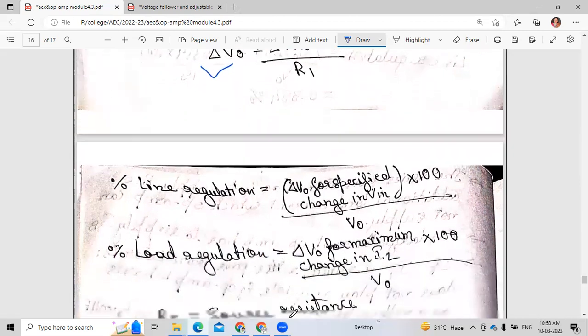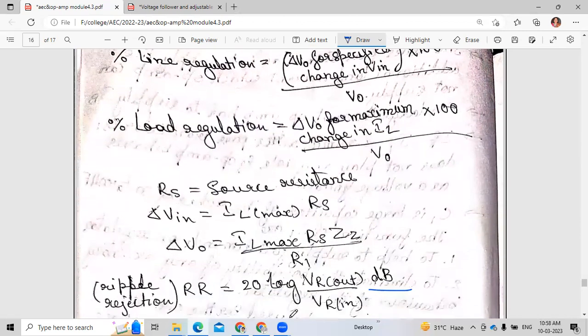And for the load regulation, if you want to calculate the load regulation, then ΔV₀ equals IL max into RS into ZZ divided by R1. This we need to use here, because we have written ΔV₀ for maximum change in IL.